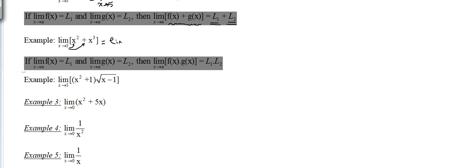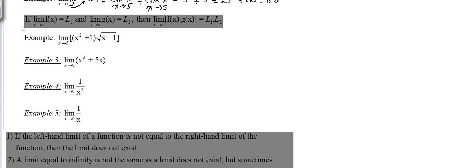We can rewrite it as the limit of x squared as x approaches 5 plus the limit of x cubed as x approaches 5, as in the above fact, and then substitute x's value 5. The answer will be 25 plus 125, that is 150. Same in plus, same in times.